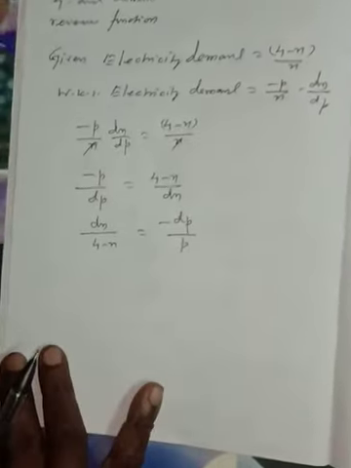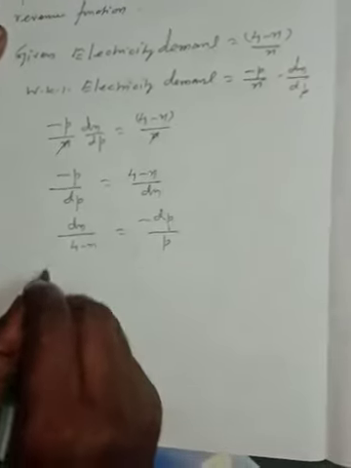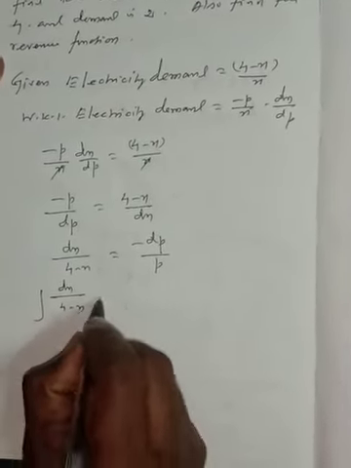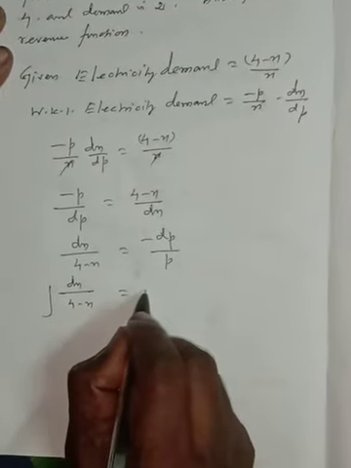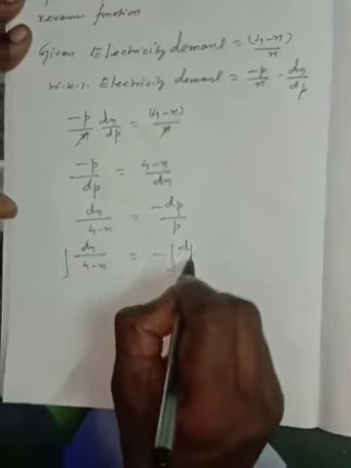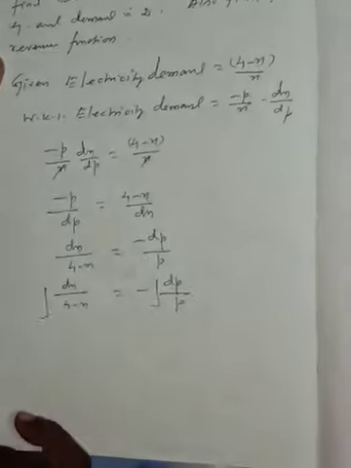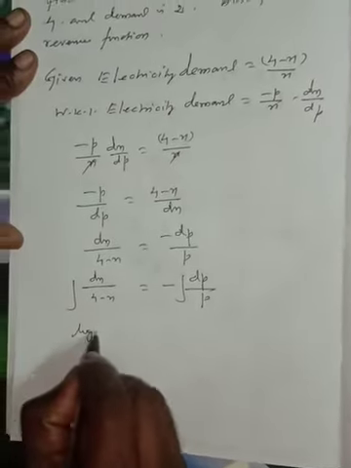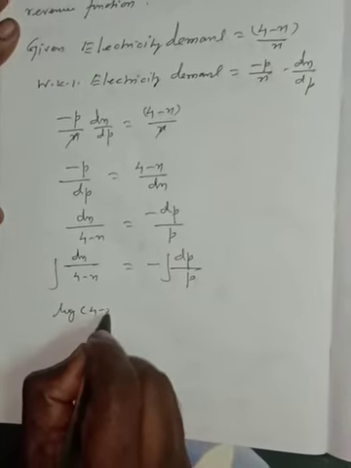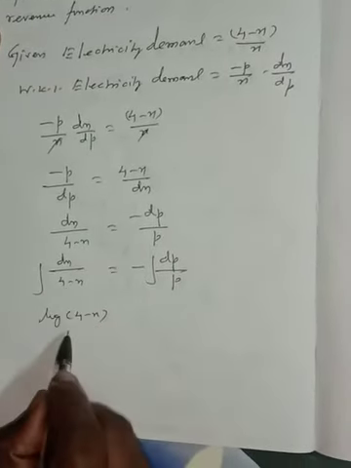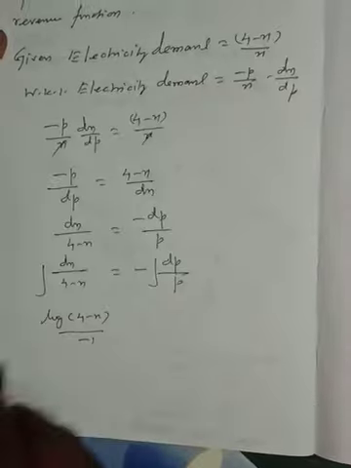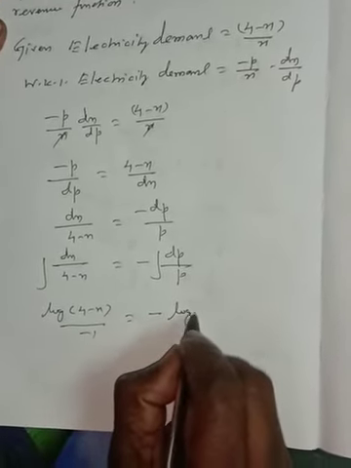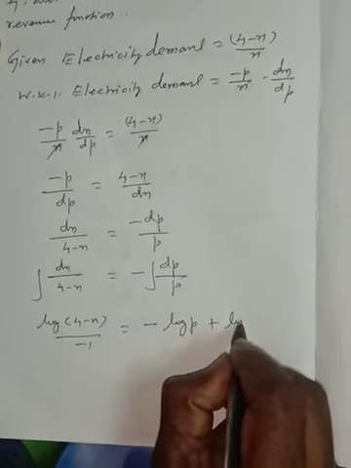Now integrating both sides, we have the integral of dx divided by (4 minus x) is equal to minus the integral of dp divided by p. This means log (4 minus x), coefficient of x term is minus 1, whole divided by minus 1, is equal to minus log p plus log c.